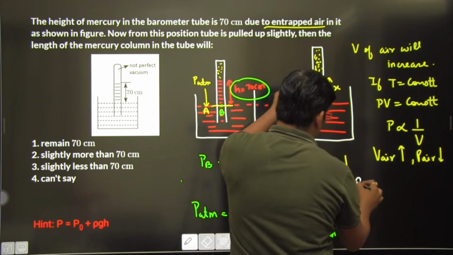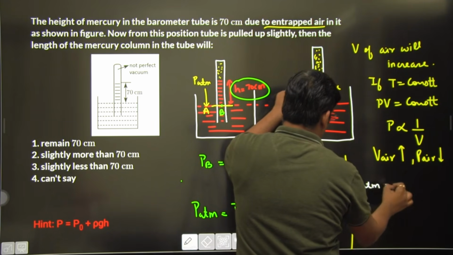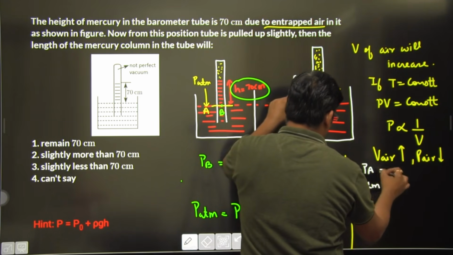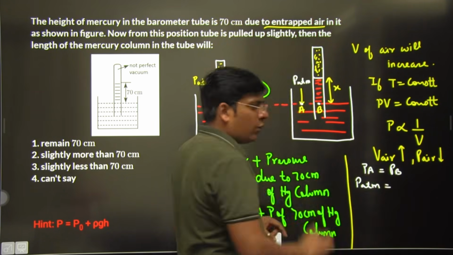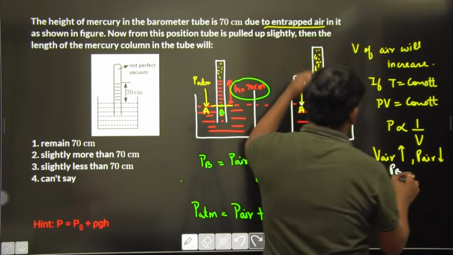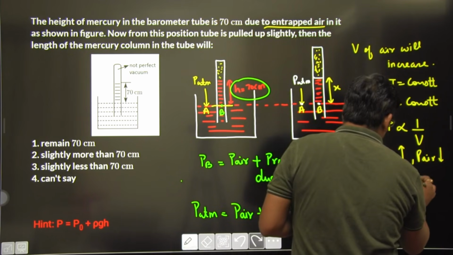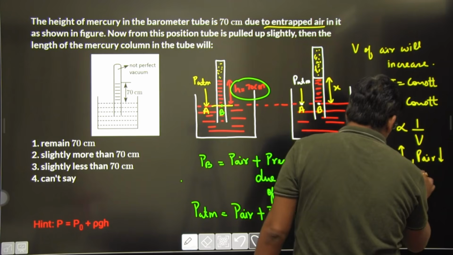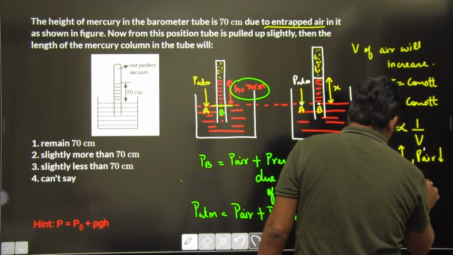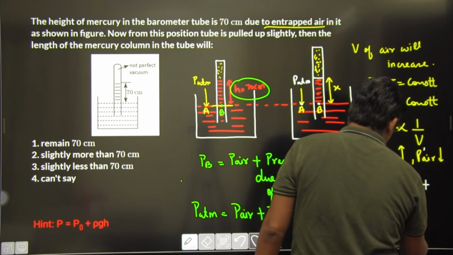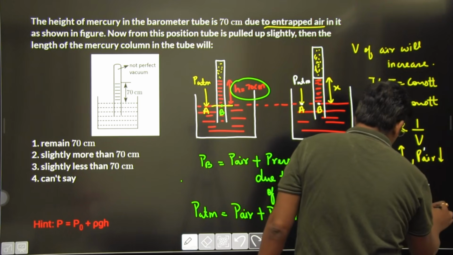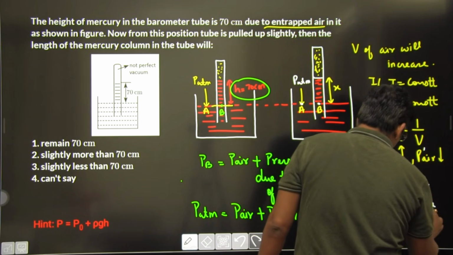Pressure at point A is equal to atmospheric pressure. Pressure at A must be equal to B, right? Now pressure at A is equal to atmospheric pressure. Pressure at B is equal to pressure due to air, let it be P dash because it is little decreased, plus pressure due to x centimeter of mercury, right?